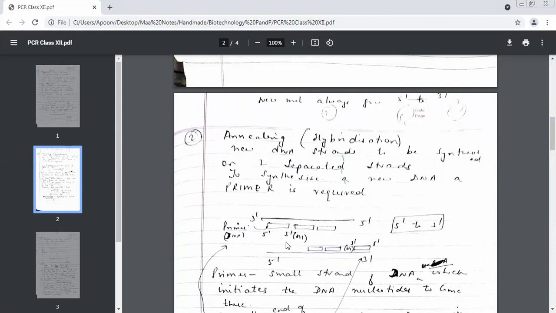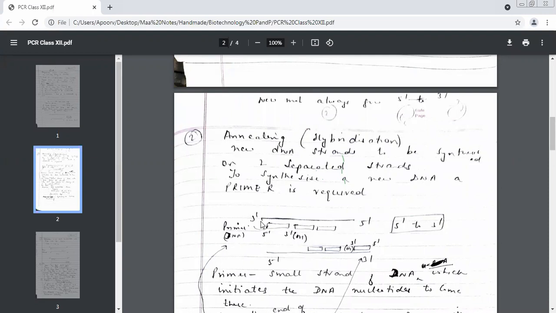But one thing has to be kept in mind: if the primer is attached to whichever end of the first strand, it will get attached to the same end of the other strand also. Like in this, your primer was getting attached to which end over here? 3' or 5'? 3'.